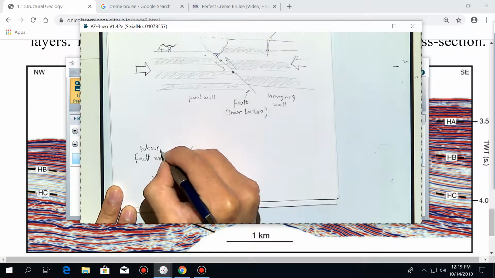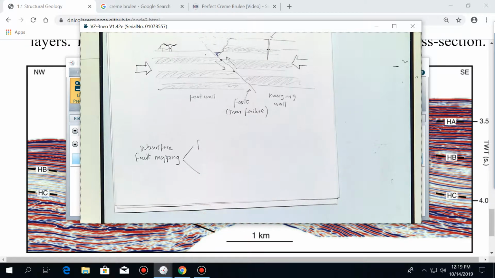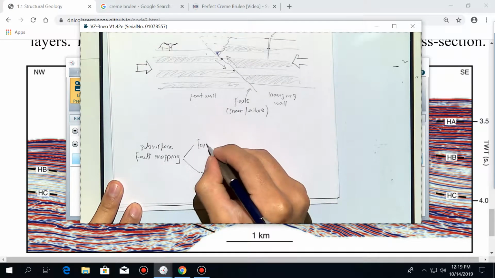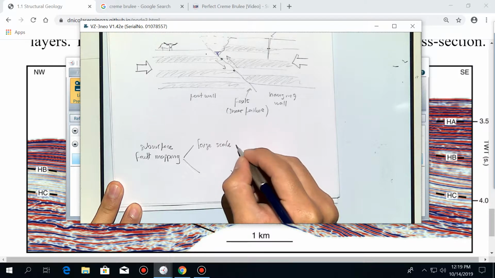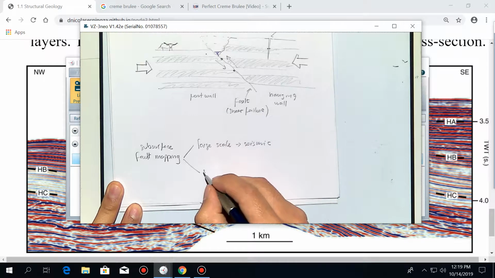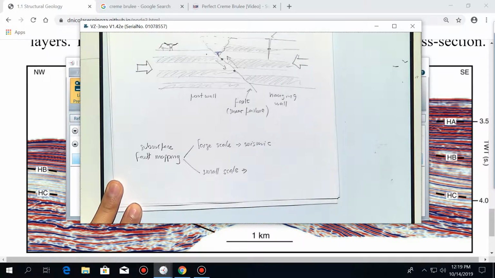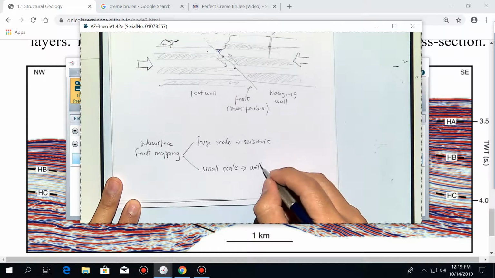Subsurface. Okay, so large scale, seismic, and small scale. You can do it with wellbore images.